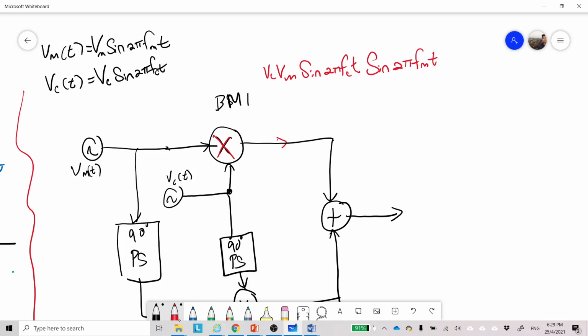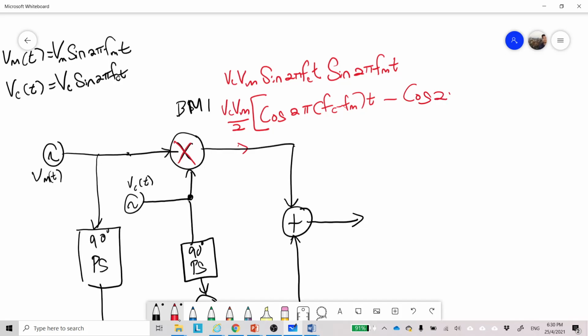Okay, so this will produce a double sideband suppressed carrier, which is VC VM over 2 in bracket cos 2 pi, and this is the lower sideband FC minus FM, T, minus cos 2 pi FC plus FM for the upper sideband.